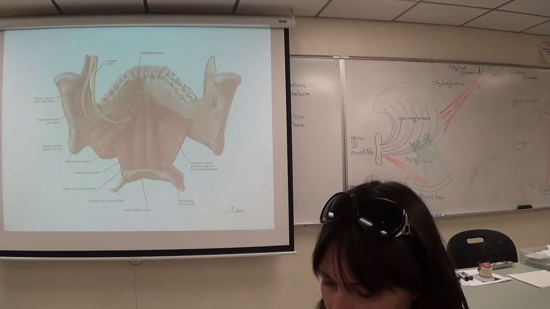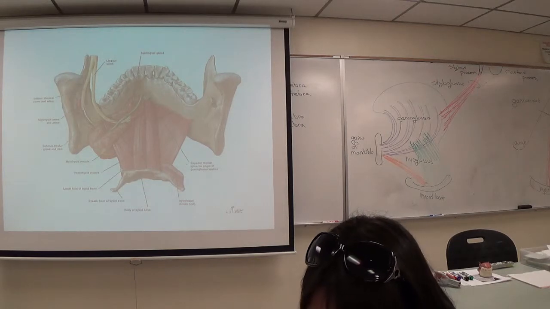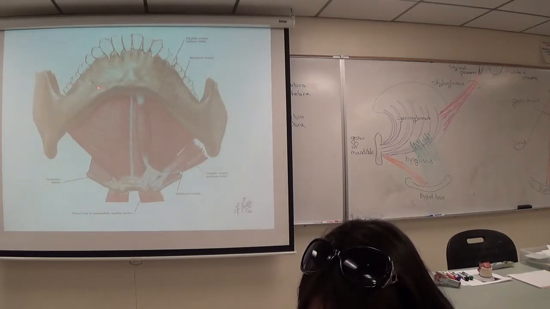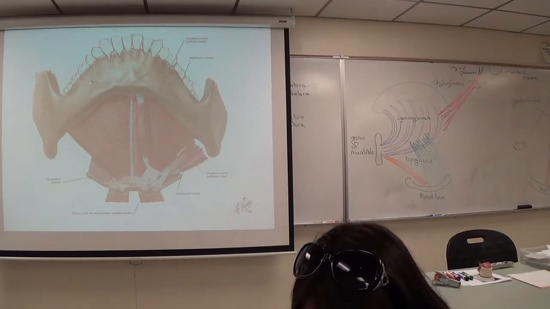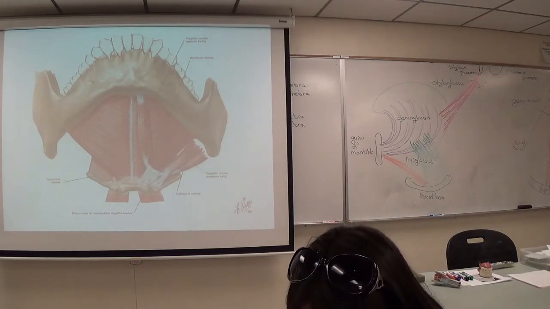Okay? So here's our geniohyoid, and now we're going to draw the mylohyoid. So it's a much broader muscle. It actually forms the widest, so it can be what you call the floor of the mouth. And if we go to this view, it's this muscle right here. All right, so I'm going to draw that one in next. So I use blue. It also has a raphe, that mid-seam line.